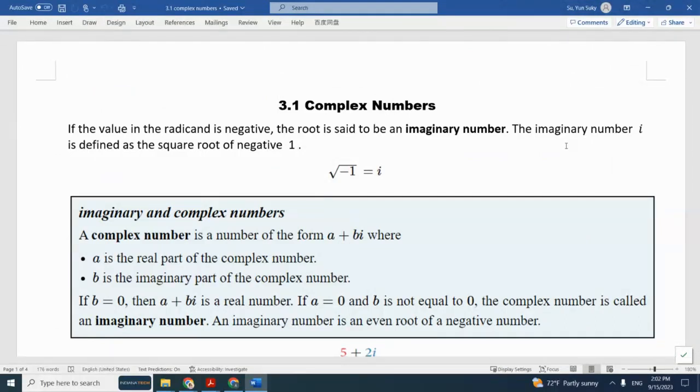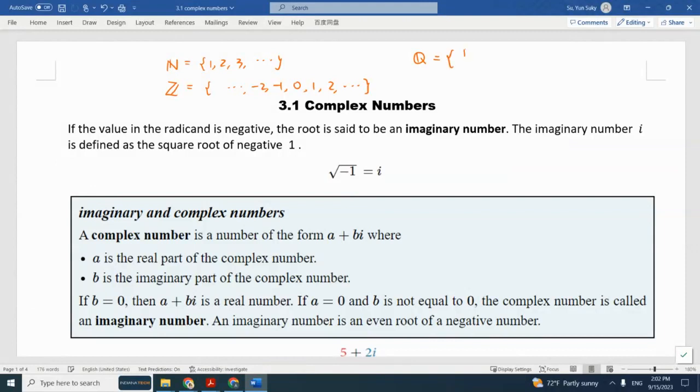All right, complex numbers. So you still remember natural numbers, like 1, 2, 3, etc., right? And then the set of integers, like -2, -1, 0, 1, 2, etc. Do you know about natural numbers and integers? And then we have rational numbers.